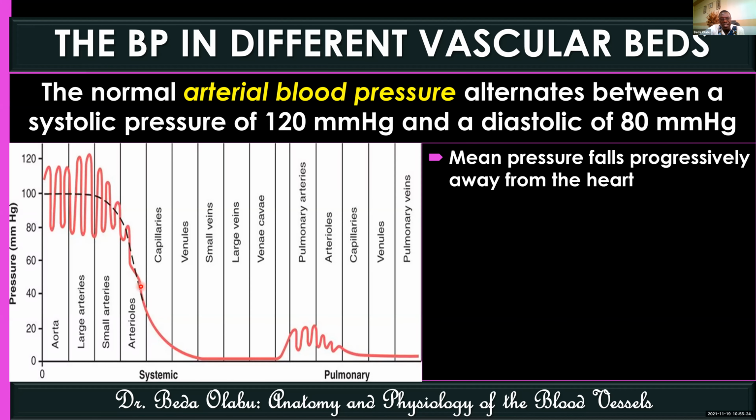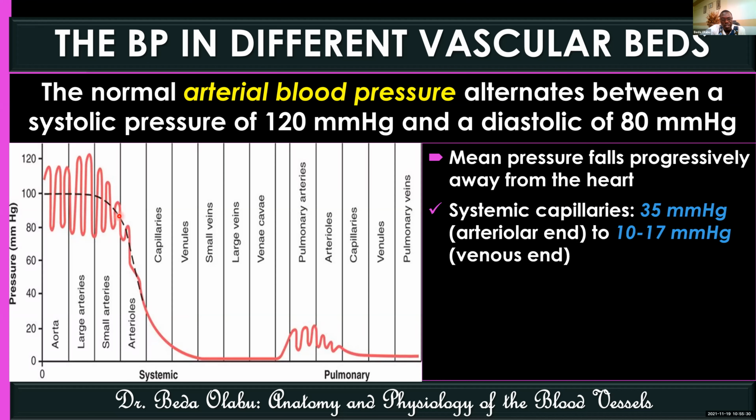Now the pressure is reducing. Also notice that in the arterioles, the oscillations are also reducing. So by the time we arrive in the capillaries, we do not have the oscillations anymore, as I told you.